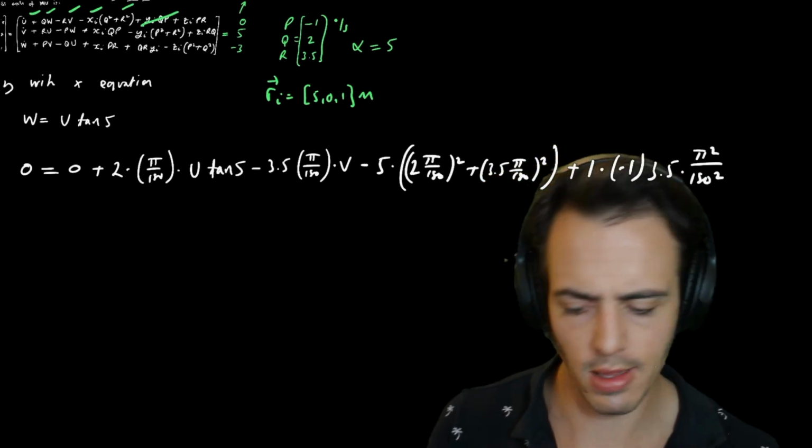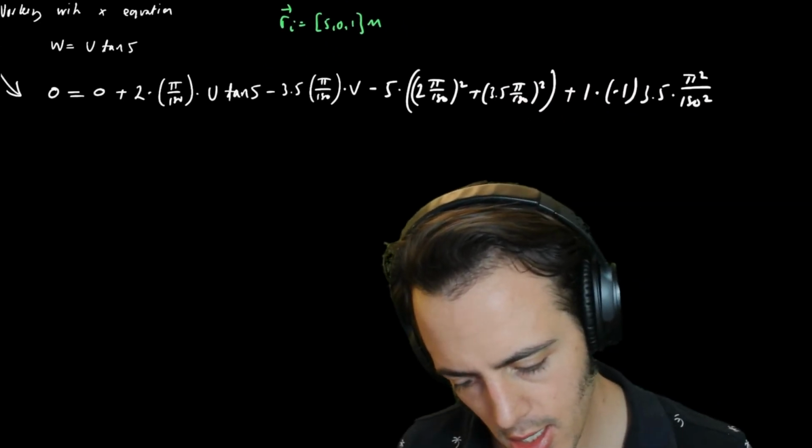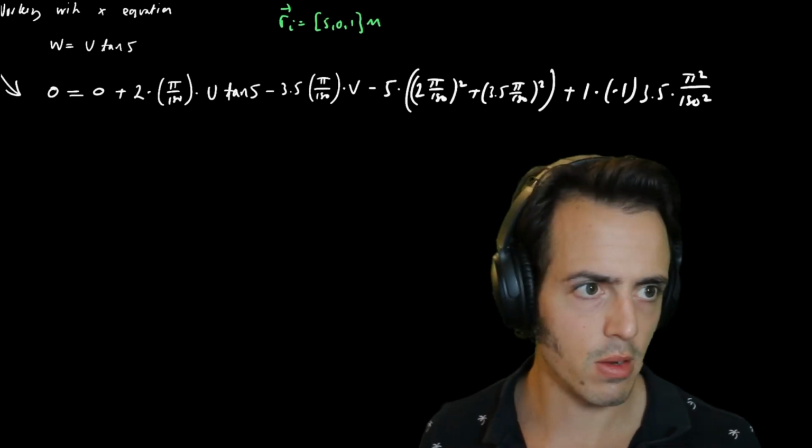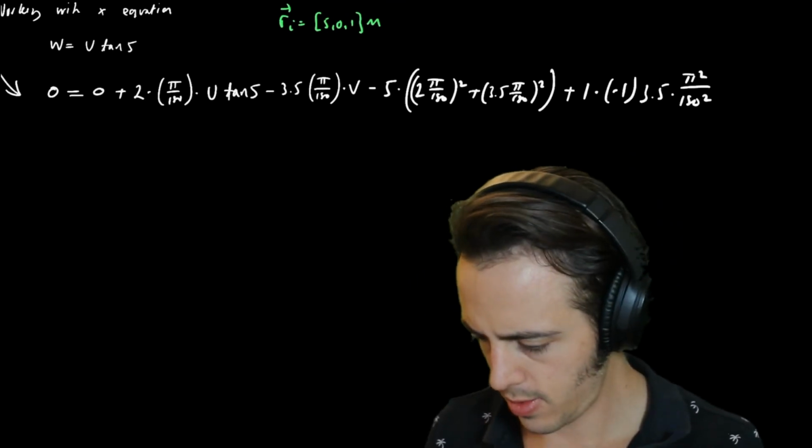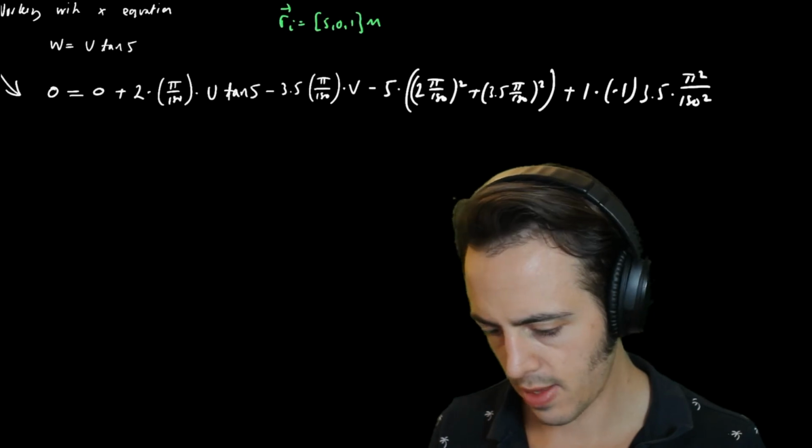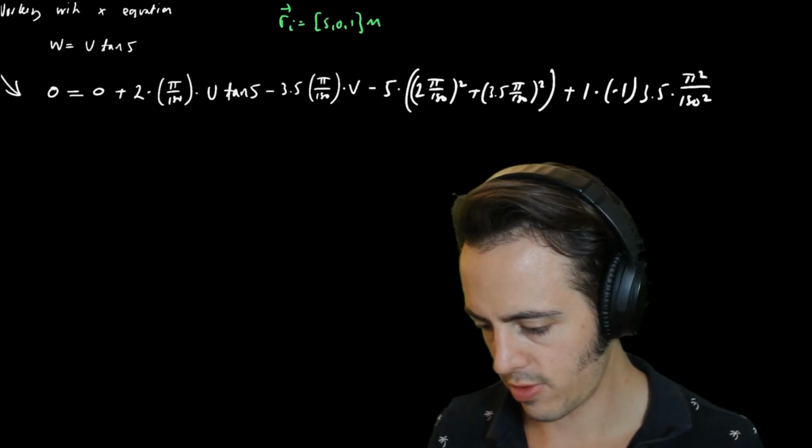So let's go through and collect these terms. We'll just do the multiplication first. So we've got 2 multiplied by pi divided by 180 times tan of 5 degrees.